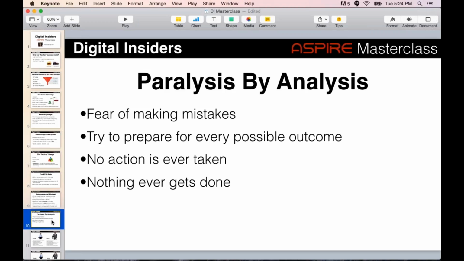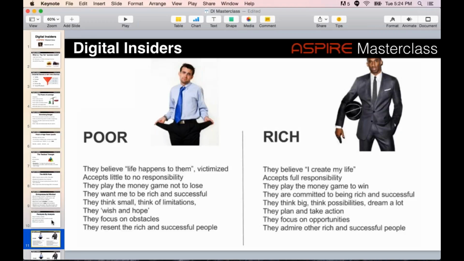Being prepared is important, but don't get so caught up in trying to be prepared for every possible outcome of every possible situation that you never actually take action, you never get started. And it's very natural to have this fear and to want to be completely prepared for everything, because you have this fear of making mistakes. But you have to overcome that if you want to ever actually get anything done and actually be successful.